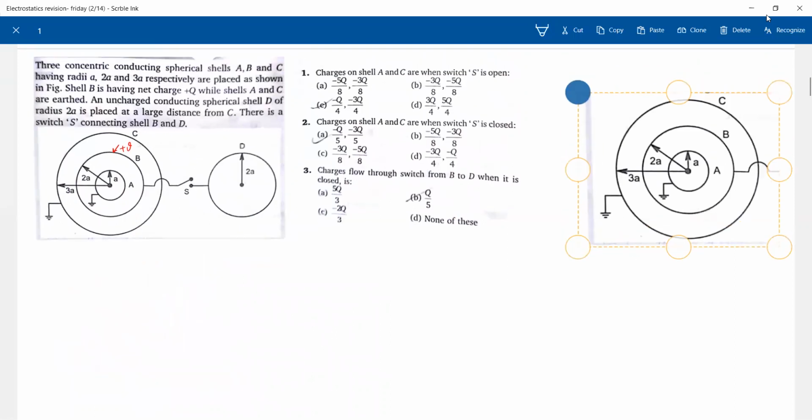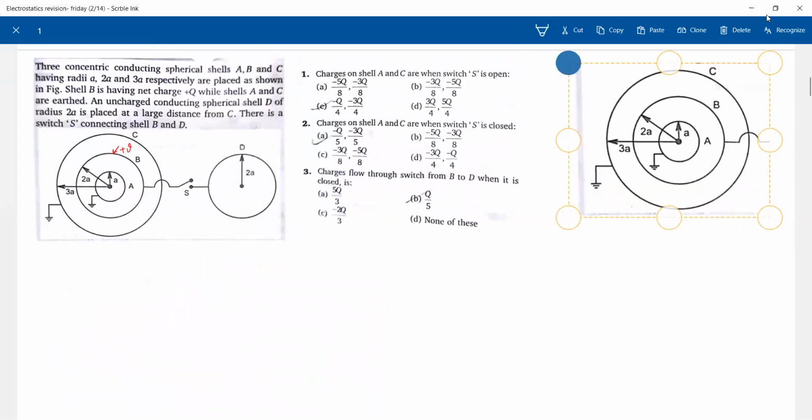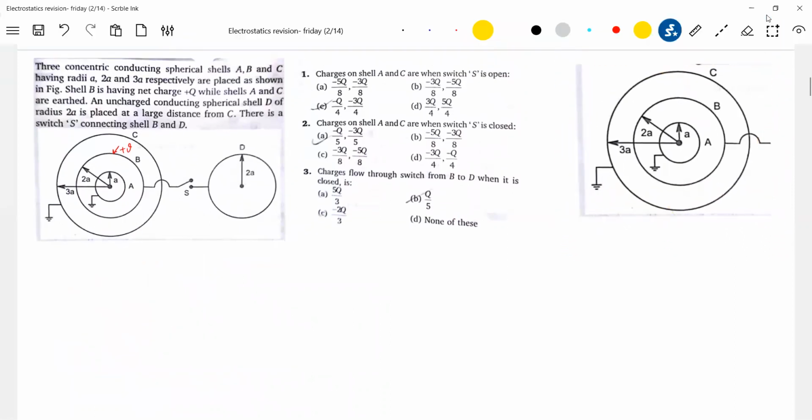Okay, leave this part, nothing to do. What are the charges on all surfaces?